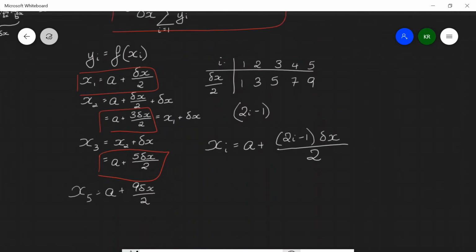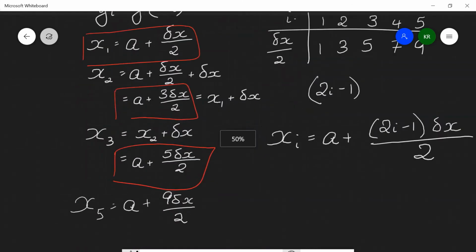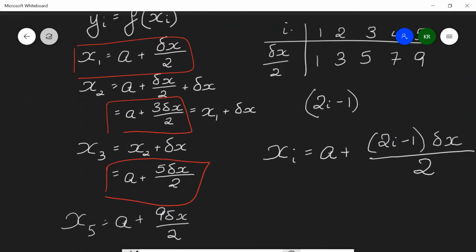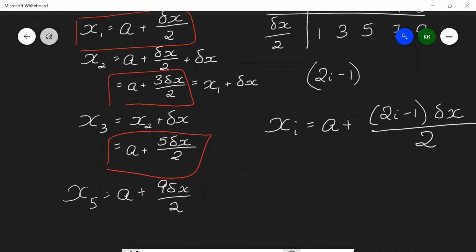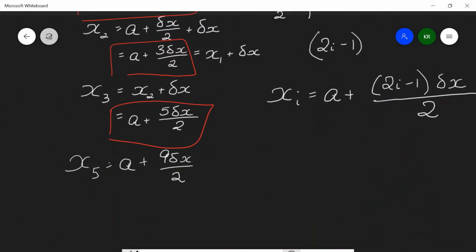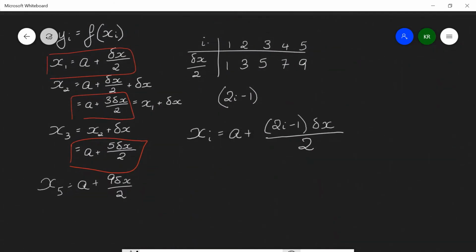Okay, so I hope that makes sense. I realise that might have been slightly confusing, but have a think. You'll see x1 is a plus 1 lot of delta x over 2, x2 is a plus 3 lots of delta x over 2, x3 is a plus 5 lots of delta x over 2, and these are the odd numbers, 1, 3, 5, right? And they're the odd numbers which take the expression, in this case, 2i minus 1.